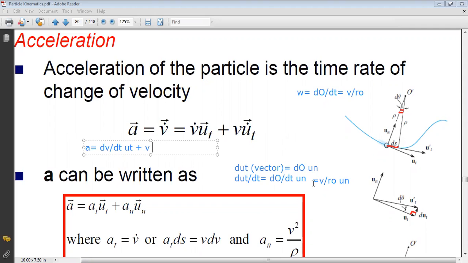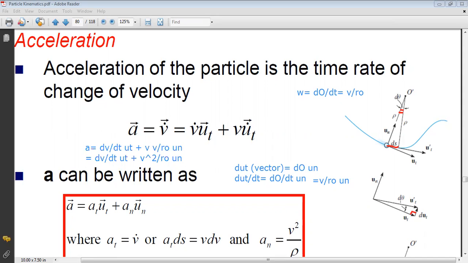If I replace d ut by dt by its expression, v over rho times un, your final expression will be dv by dt ut plus v square over rho un. This is why we say in normal tangential coordinates, the velocity will have only a component along ut. However, the acceleration will have two components, one along ut, one along un.